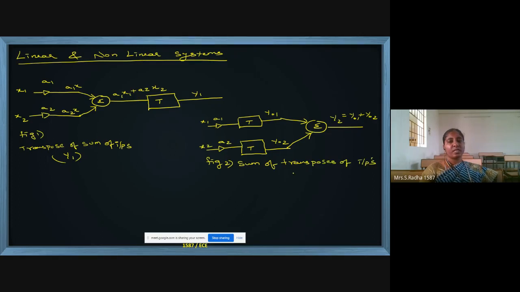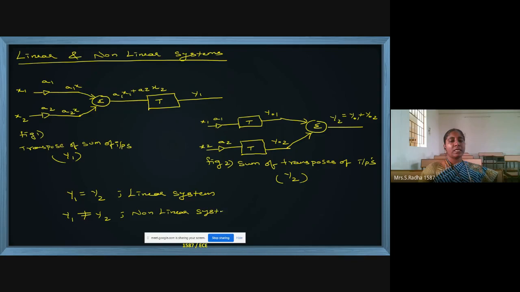And the output is y2. If both of these are equal, y1 equal to y2, then it is called a linear system. And if y1 is not equal to y2, it is called a non-linear system.